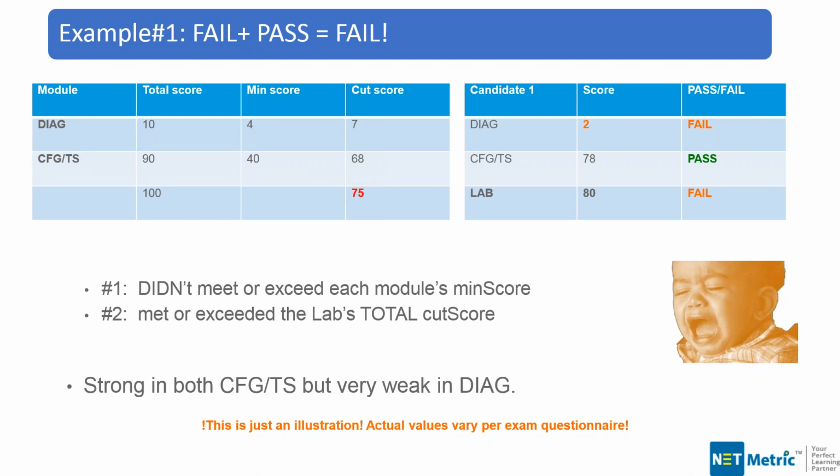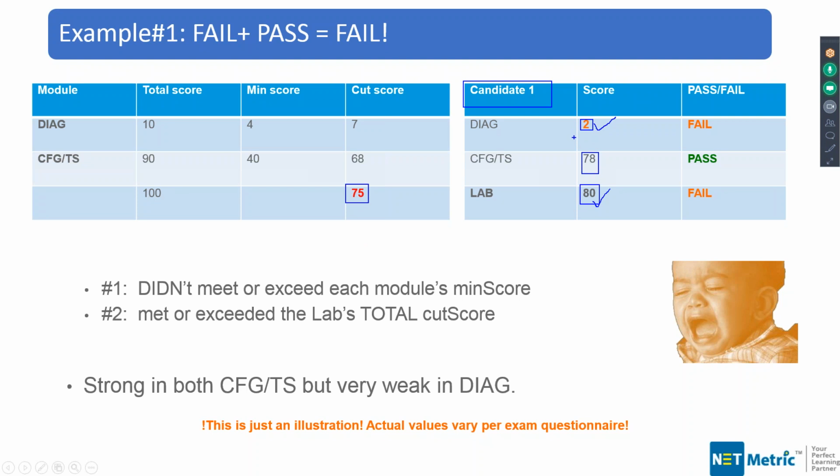Now candidate number 1 went for the CCIE lab. He scored 2 points in the diagnostic and 78 in configuration and troubleshooting. What is the total score? 80. So according to the CCIE, he should pass because he got 80, but he has not achieved the cut score in one section.